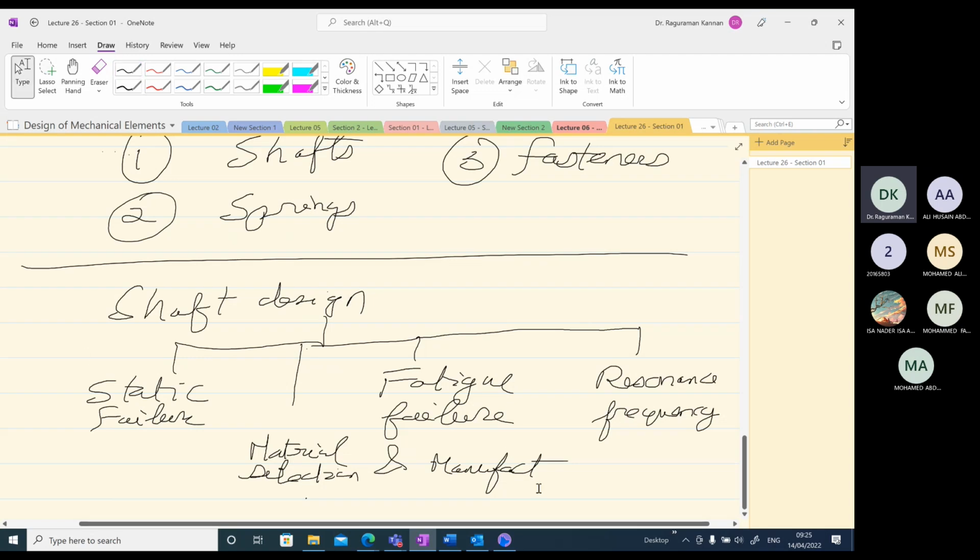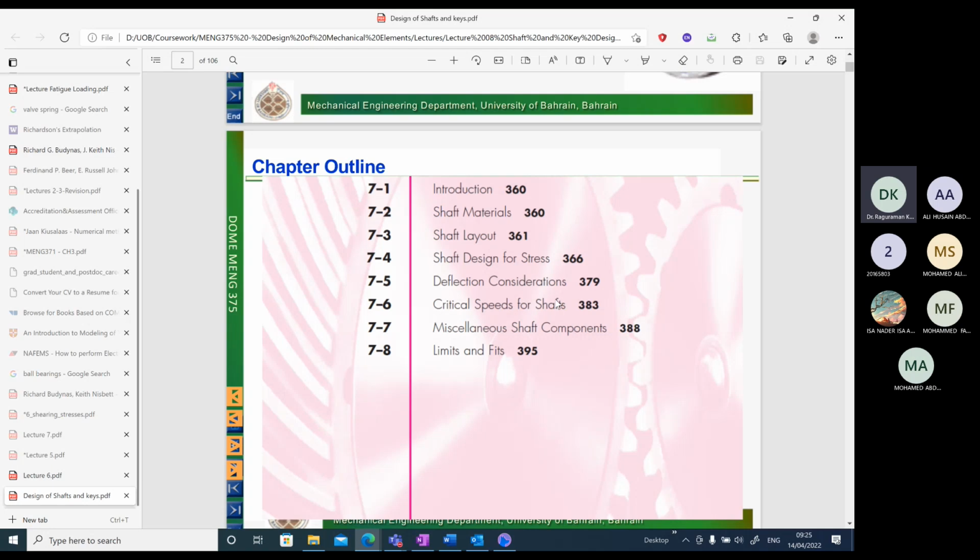Okay, so this is going to be the overall outline of the chapter for the shaft design. In addition, we will also go through some of the miscellaneous shaft components that will come along with the shaft. For example, keys for shaft, etc. And then design of keys.